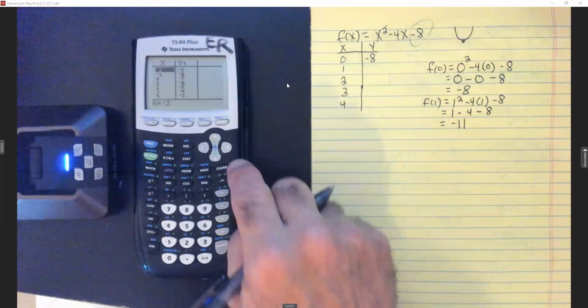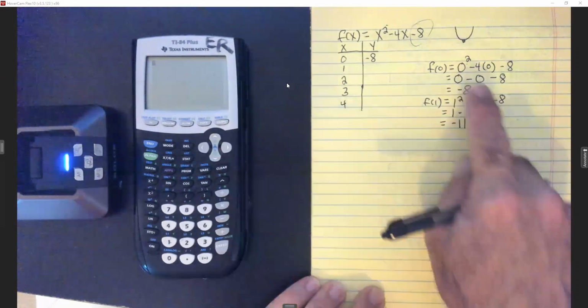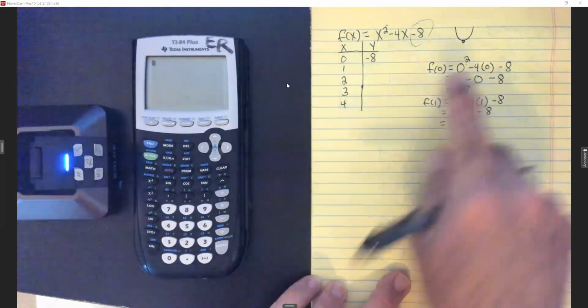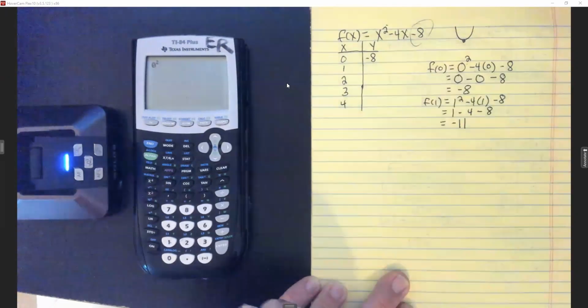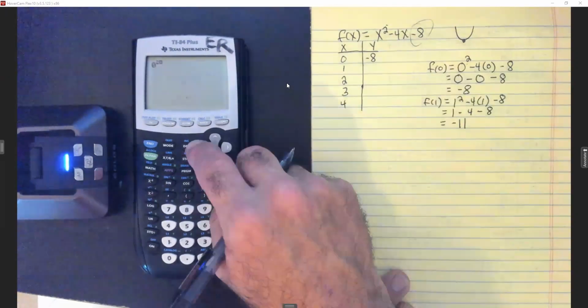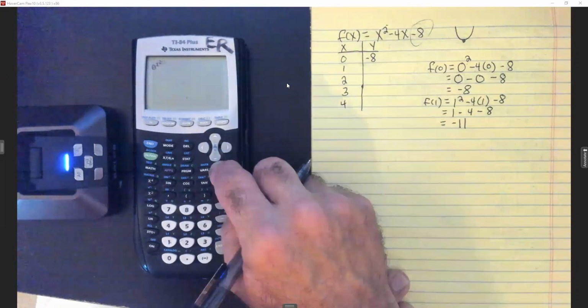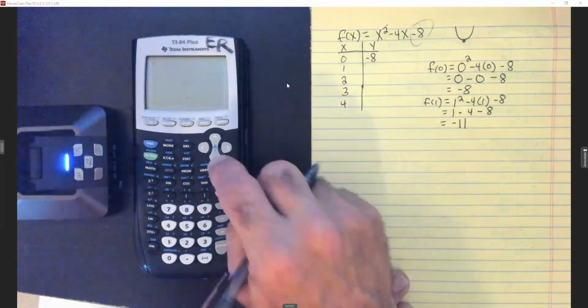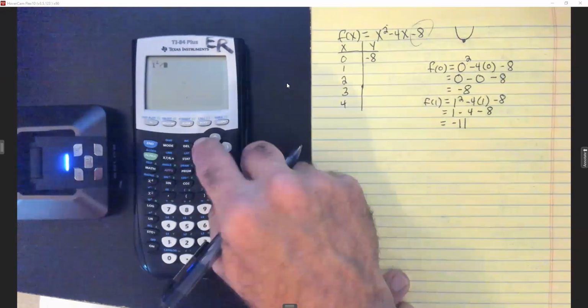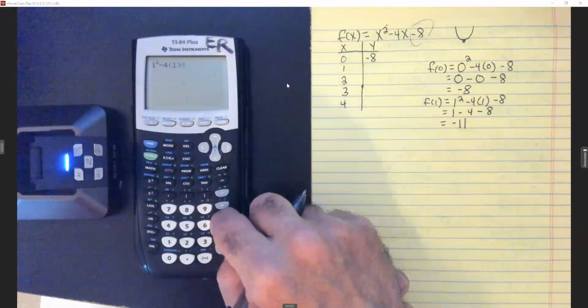Let me click this screen. We can punch this exactly in here. 1 squared minus 4 times 1 minus 8. Punch all that in and you will get that -11.